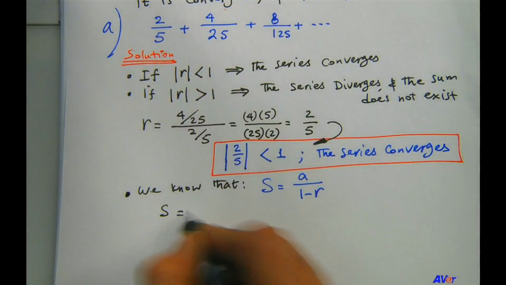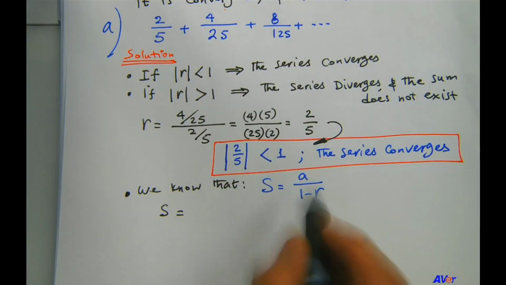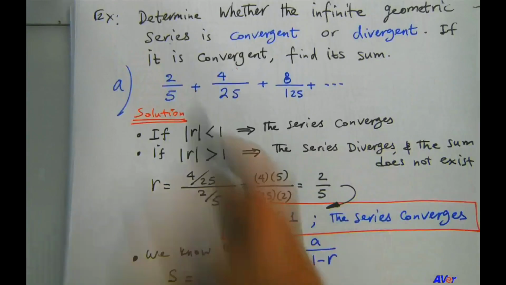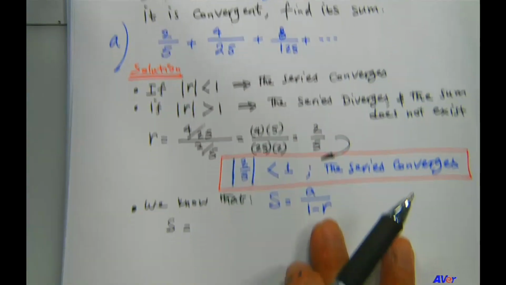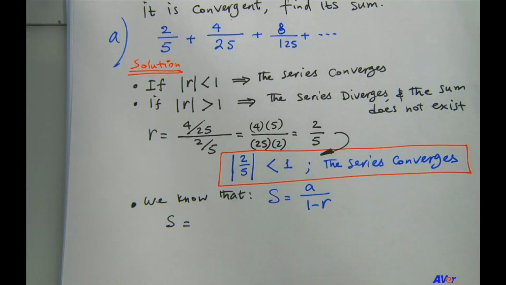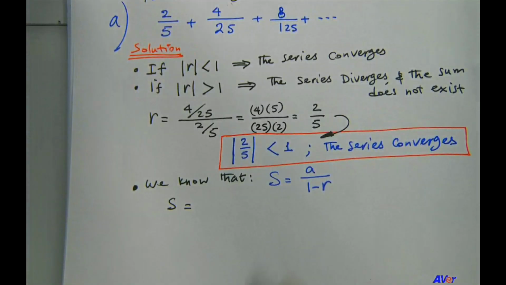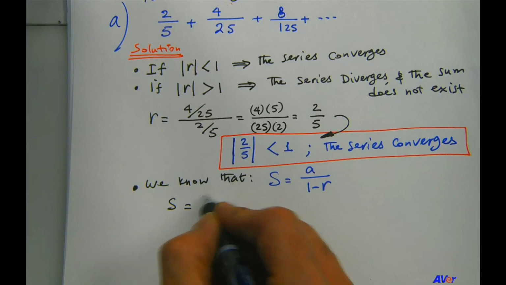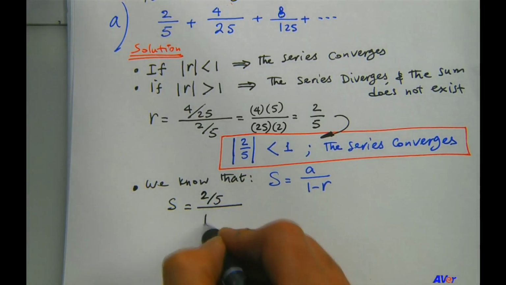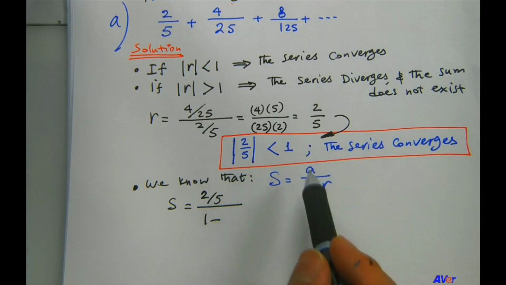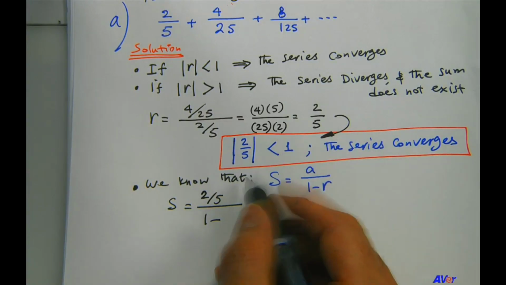So S is equal to a, which is 2/5, divided by 1 minus r, which is again 2/5.